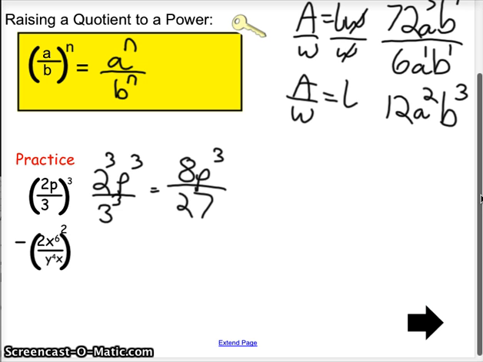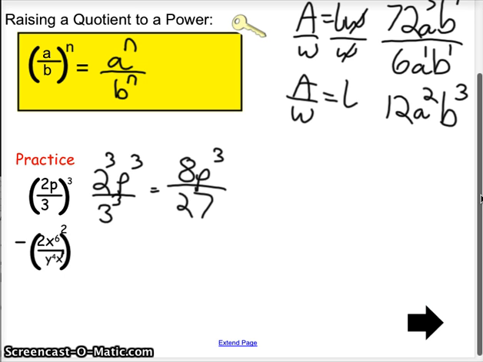Looking at the next practice, notice inside that parenthesis, there's a little simplification we can do right off the bat. So I'm going to focus on that first. Notice we have an x to the 6th on the top of that fraction, and an x to the 1st on the bottom.